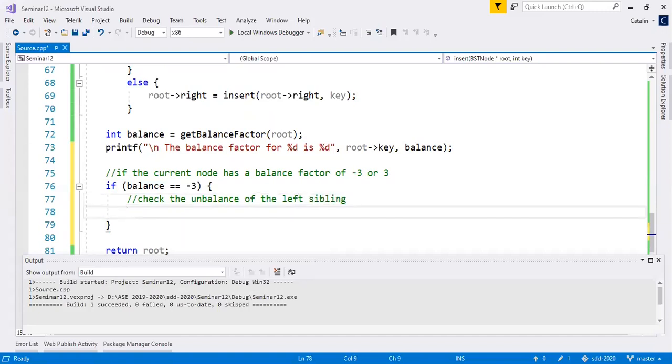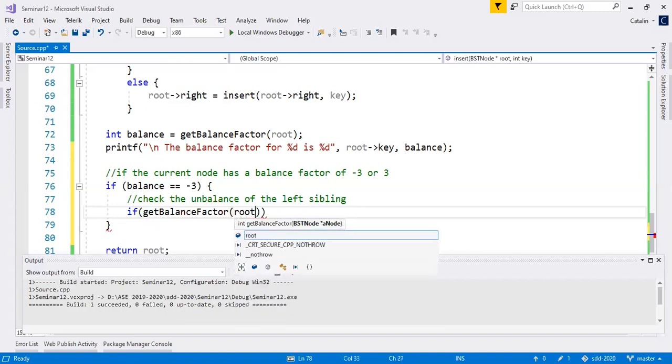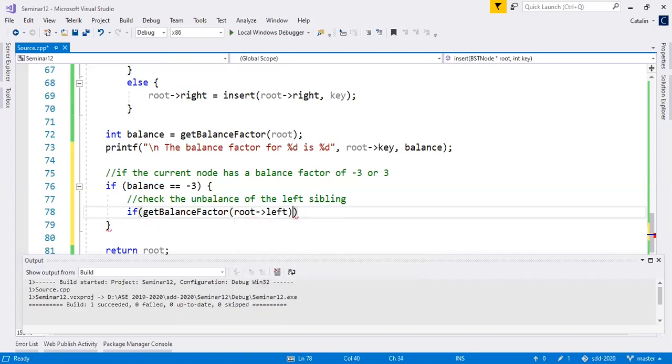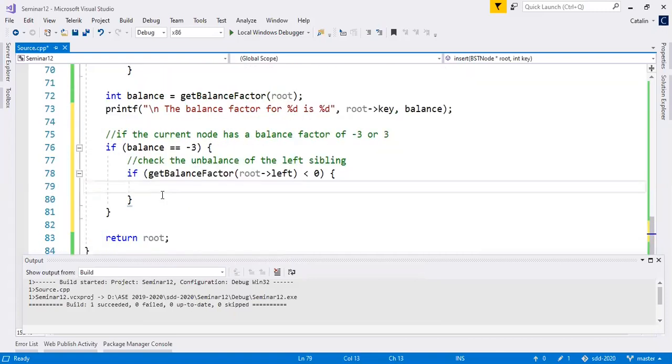If balance equals -3, now if get balance factor of root left is negative, less than 0, okay, it's still negative. It could be -2, but let's say it's negative. In this case, we do a simple rotation to the right on the current node, and it's called a pivot.